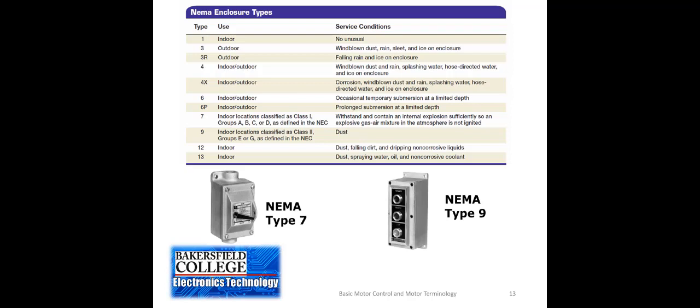So there are conditions where we want an explosion proof or a sealed enclosure so that if there's a spark inside of it, that spark will not ignite the vapors or the dusts or other flammable materials that are around it. And it's not just when we're using spray paint in a spray booth, where we have lots of flammable vapors coming from the spray guns. It could also be other situations.